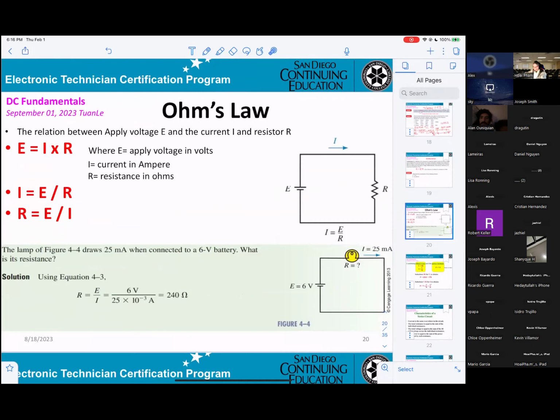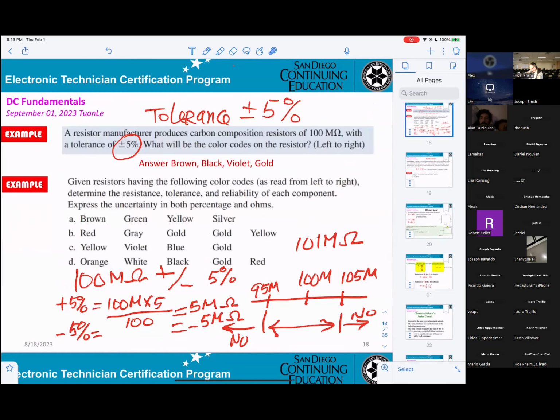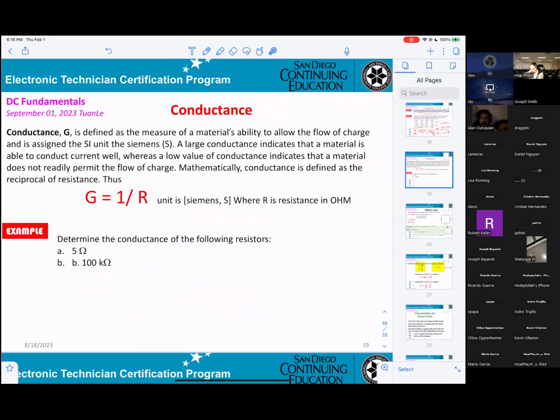Can you show us that equation real quick? What equation? For conductance, I just want to make sure I understand it. Okay. G equals 1 over R. So if you get 5 ohm, 1 over 5 is 0.2, right?